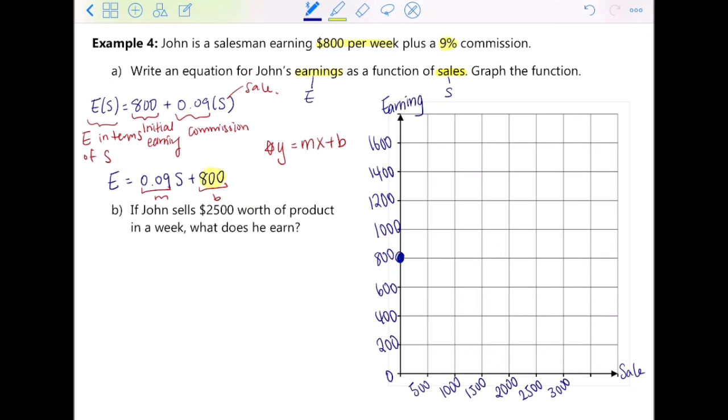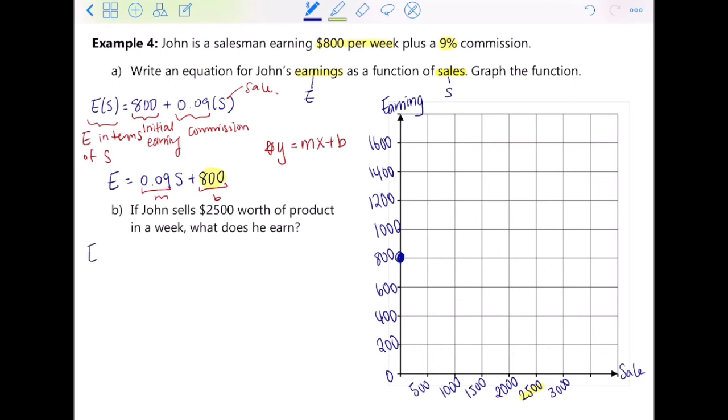So what you can do is just pick a value like 2,500 for S and then plug it into E. Okay, so before we actually plot the rest, maybe we should take a look at part B. So if John sells $2,500 worth of product in a week, what does he earn?